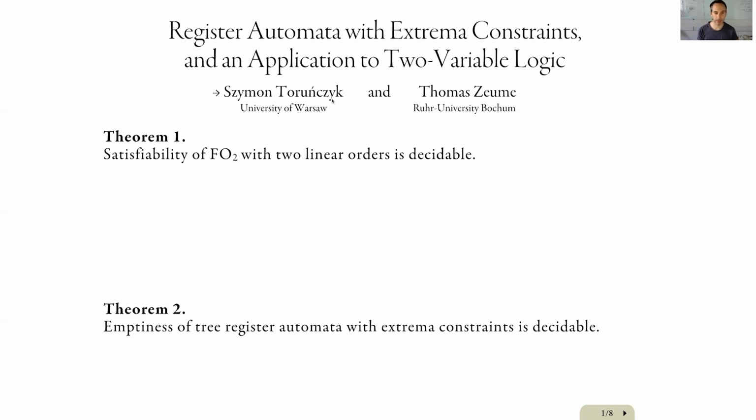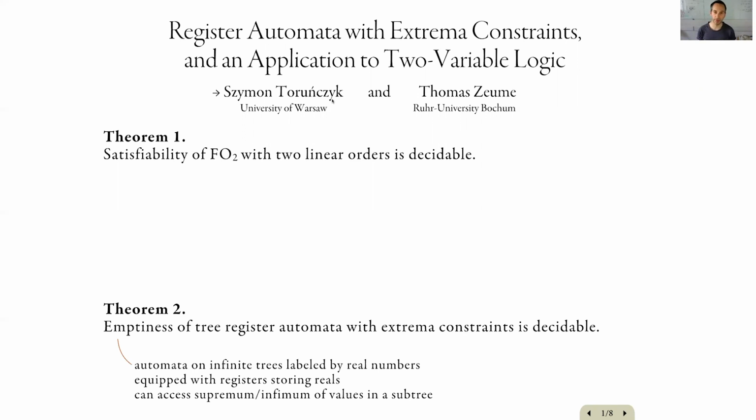And the second main result is about a model of register automata, which are actually used as a tool for proving the first result. These automata are tree-register automata with Extrema constraints.